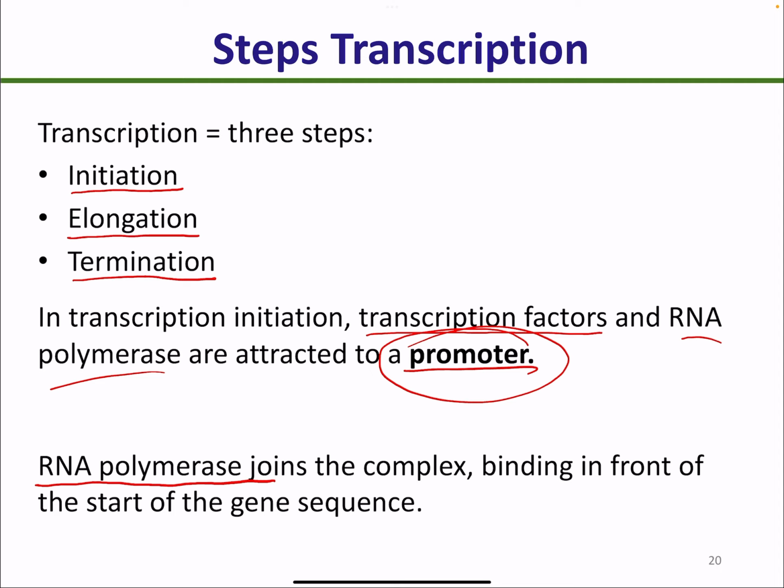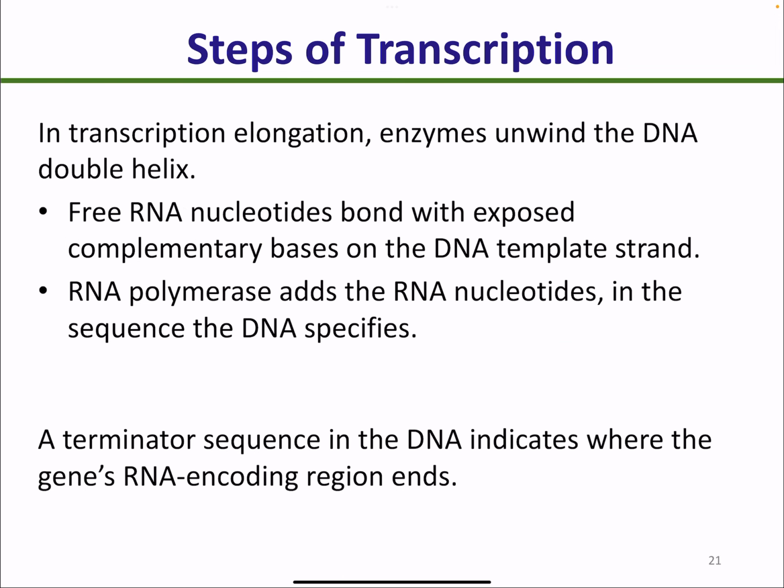All right? And from there, the RNA polymerase will start doing its job, which is actually to read the complementary sequence and produce a messenger RNA. All right? Now, next step, you're going to have elongation.